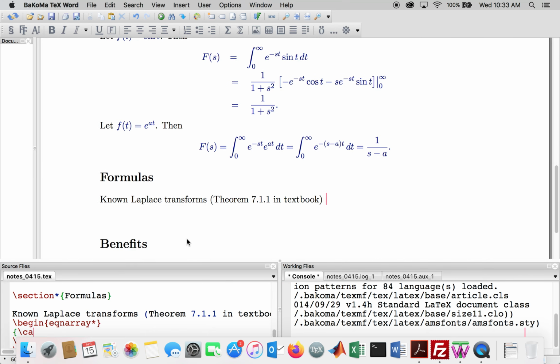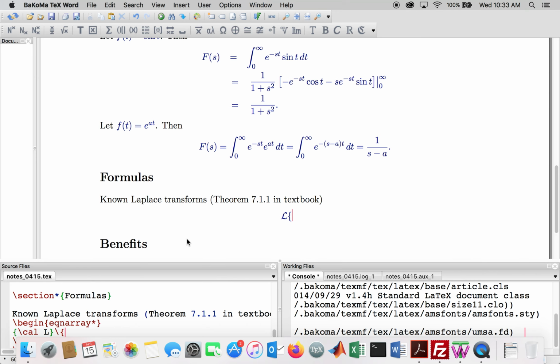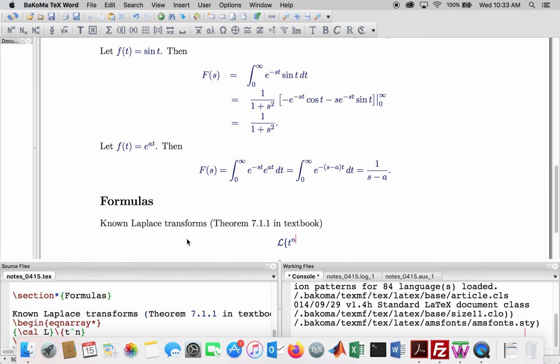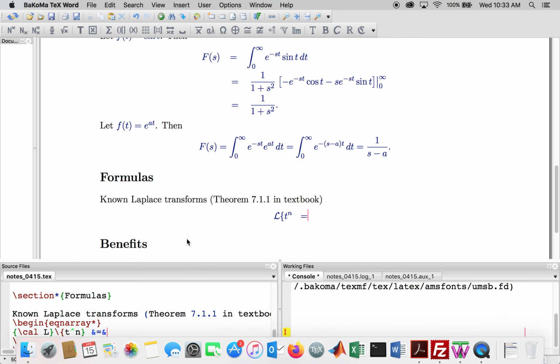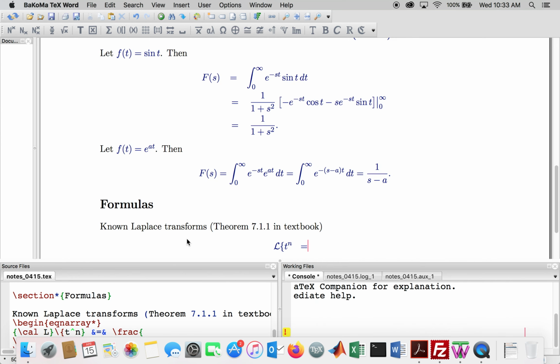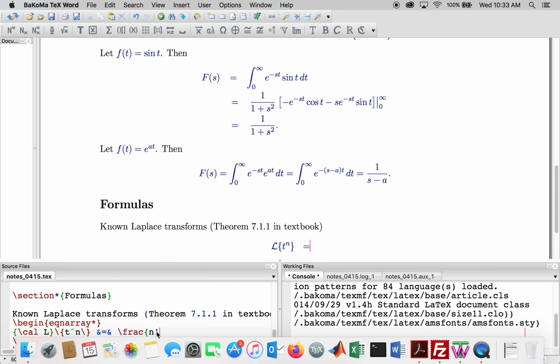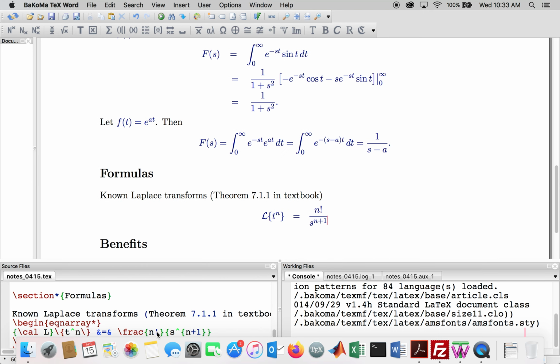So what we have is the Laplace transform of t to the n. We've seen the case where n equals 0, but for a power of t in general, what you get is n factorial over s to the n plus 1.